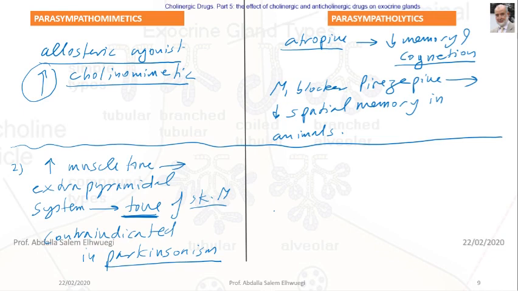If the person is given a parasympathomimetic or cholinomimetic, his muscle tone will be increased and the rigidity of muscle will become more.